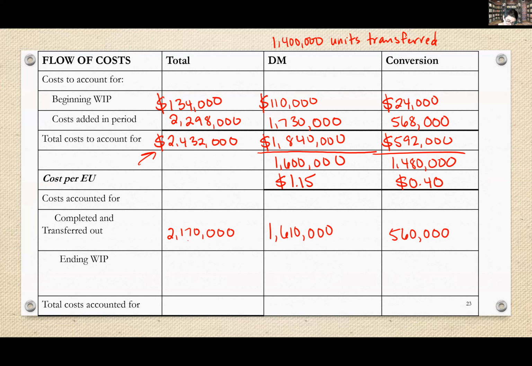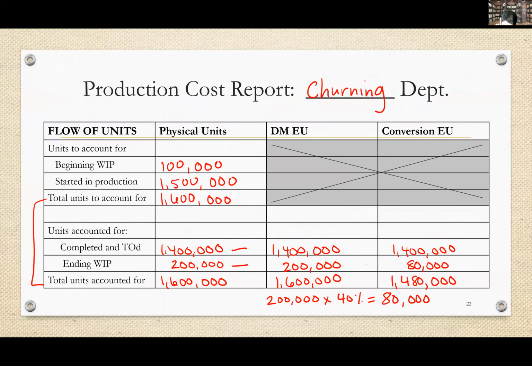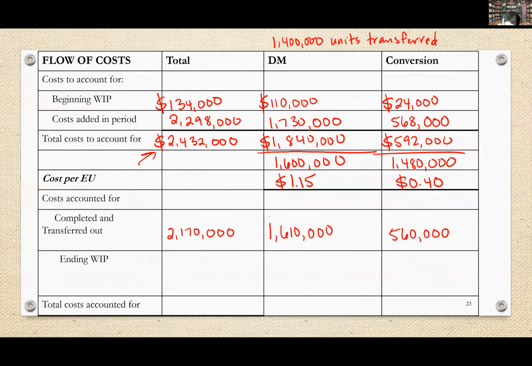So we're going to go back, take a look at our equivalent units. So on our ending work in process, what we still have left, remember that since we put the cream and the salt in at the very beginning, that's 100% complete. So we have 200,000 equivalent units for the direct materials. So I'm going to take 200,000 times $1.15, and that's going to give me 230,000.